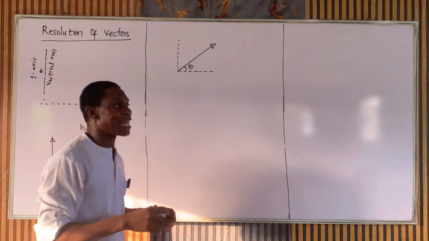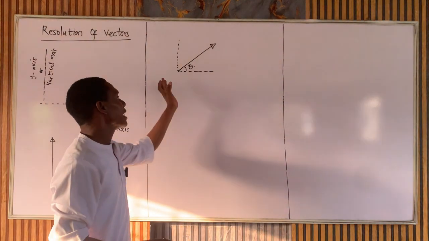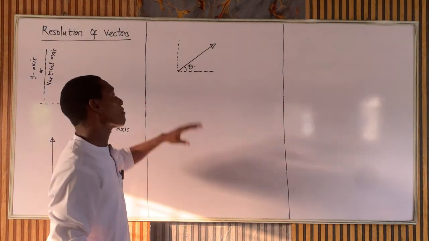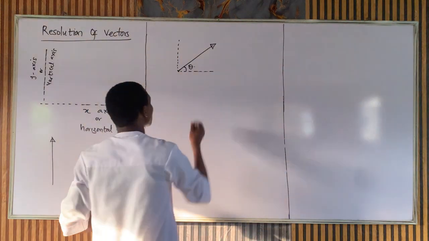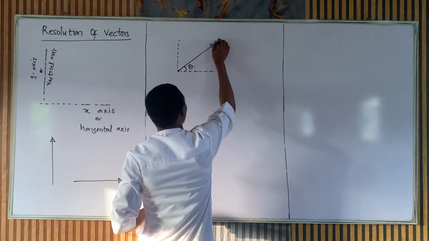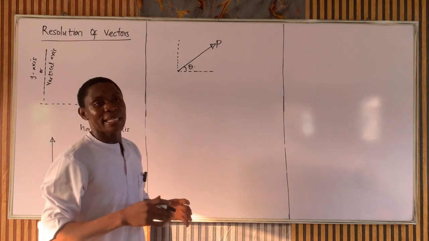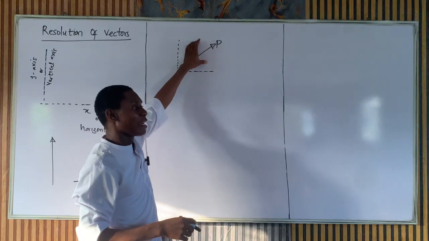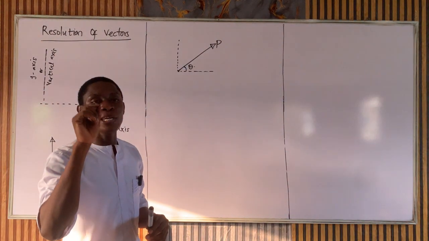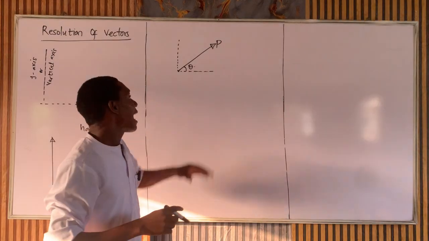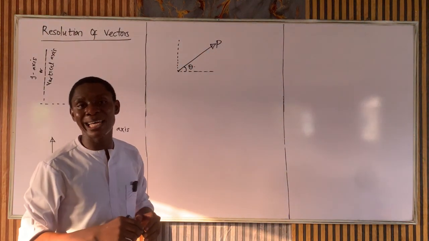And so what we do is that we try to find the effect of this vector in the horizontal and the effect of this vector in the vertical. Let's assume this vector P, for instance. The effect of this vector in the horizontal is what we call the horizontal component, and the effect of this vector in the vertical is what we call the vertical component.